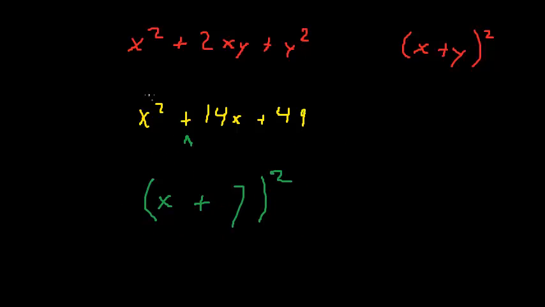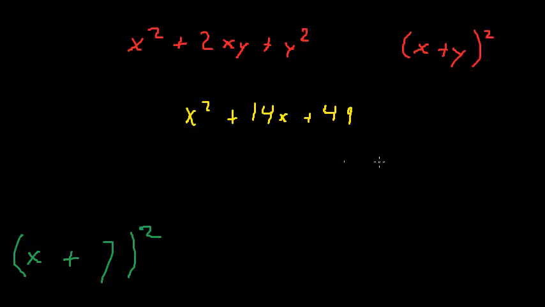We can also factor this the way we learned in our last video, just to verify that that is indeed true. So if we are factoring this using our old method of factoring, we would want to find factors of 49 that add up to our middle term. That would be 7 and 7, since 7 plus 7 adds up to 14.